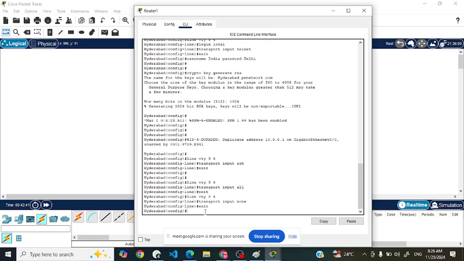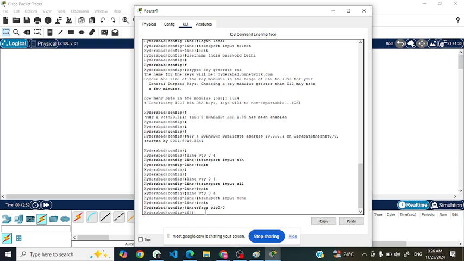So here is a command to give the description. Suppose this interface of the router is connected to a PC. Are you seeing it is connected with a PC or not? So here we can give the description.